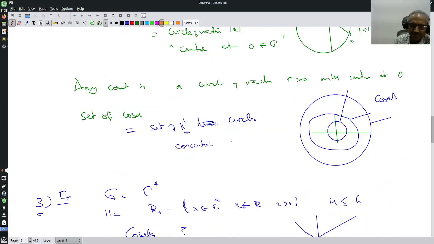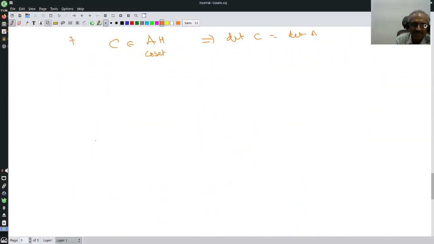So what is it that you would next like to ask? Suppose D is in GL2R. Is D in AH? If that be the case, D must be of the form AB, where B must be in SL2R.